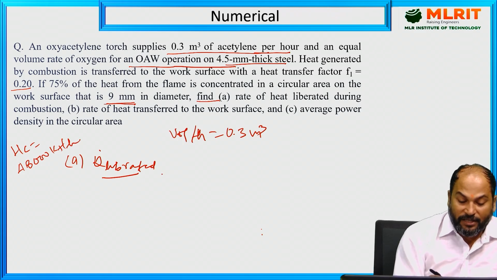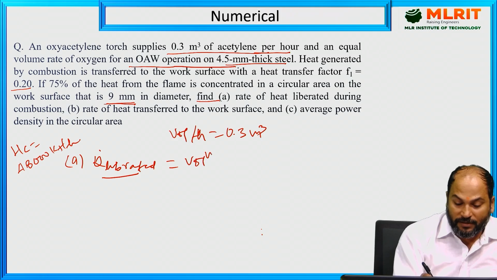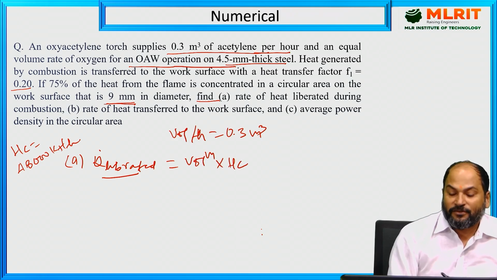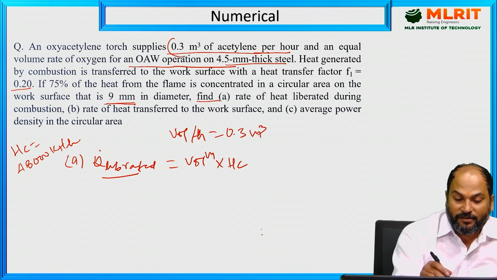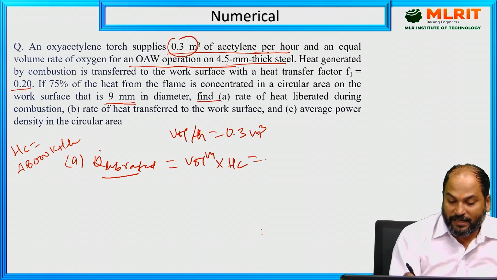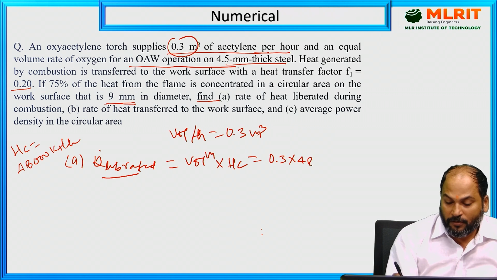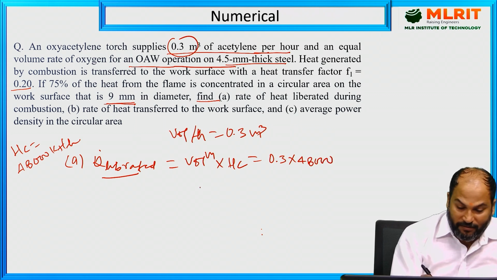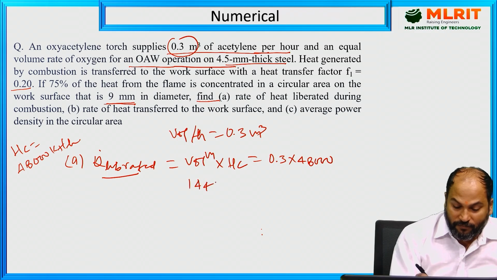So what will be Q, the total heat liberated? It will be simply the volume, 0.3 meter cube, multiplied by this HC, 48,000. Finally, it comes out to 14,400.